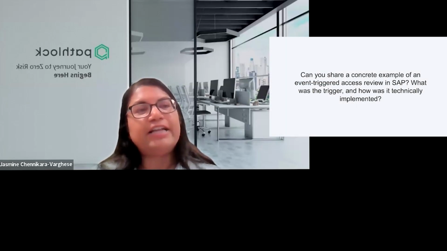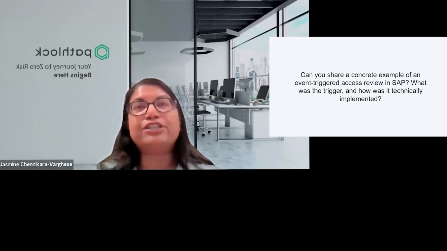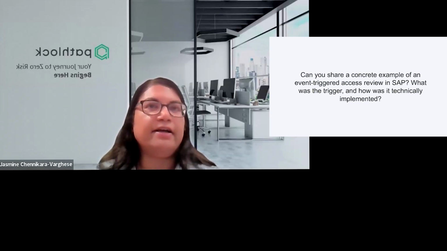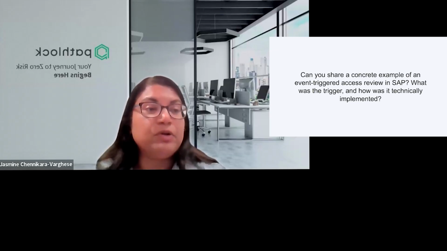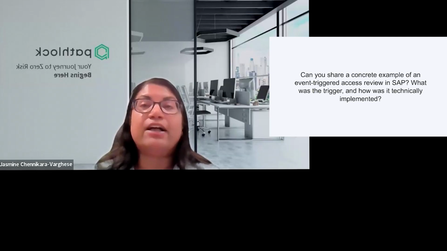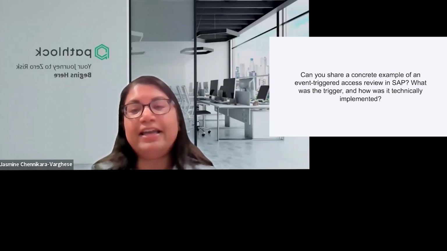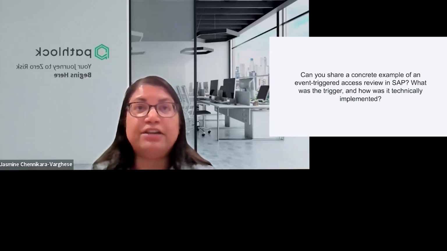Okay, so event-triggered access reviews would typically happen when there's a change in the HR context for an identity. So let's say Carol, we were talking about Carol before, she moves from sales to finance. She changes departments from sales to finance. So they'll probably get assigned their finance related roles very quickly so they can start working.